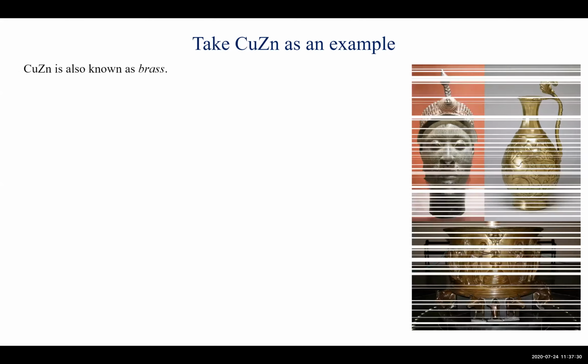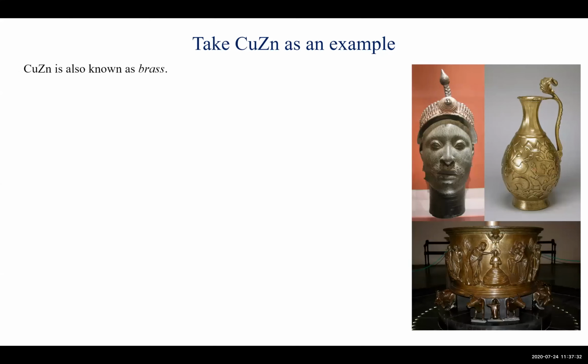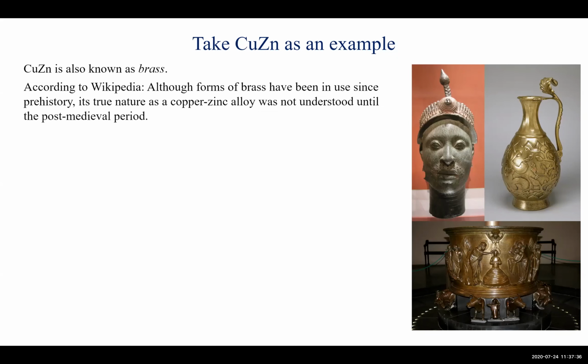Why copper zinc? Well, it's brass. It turns out it can be a random alloy. It's a material many people are familiar with. It's an ancient material, and later on we really understood it is an alloy of copper and zinc.